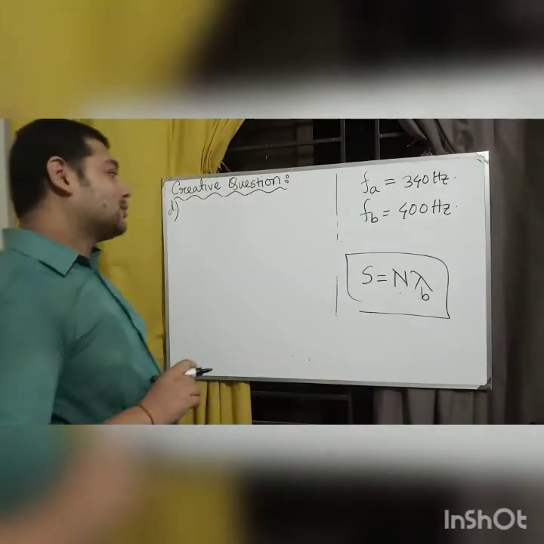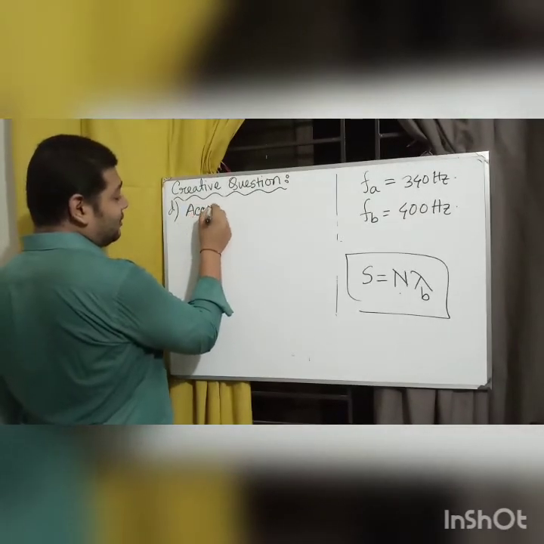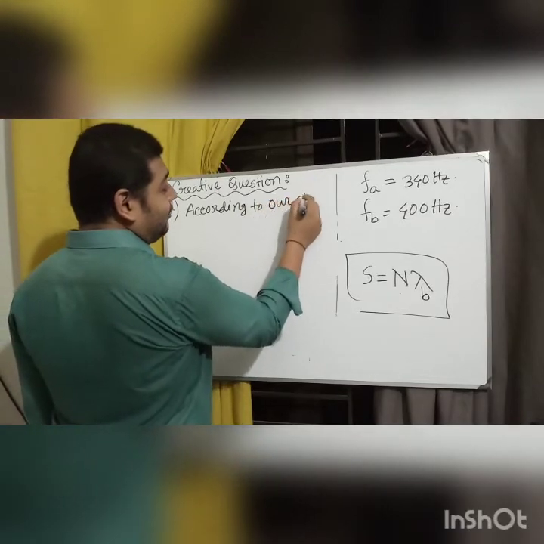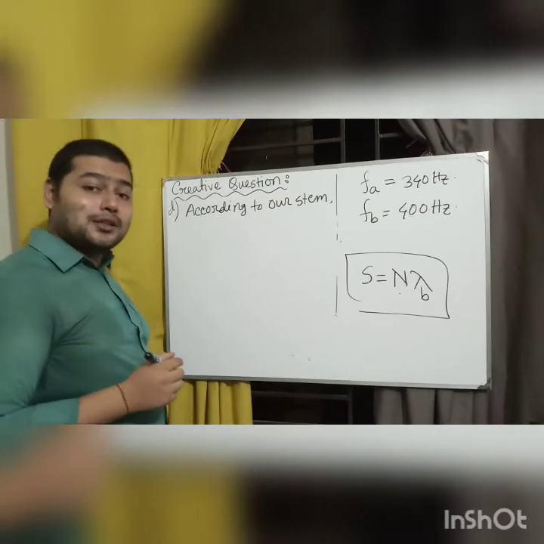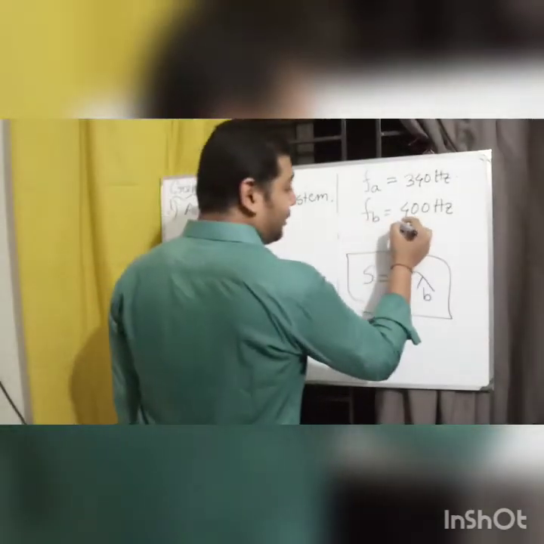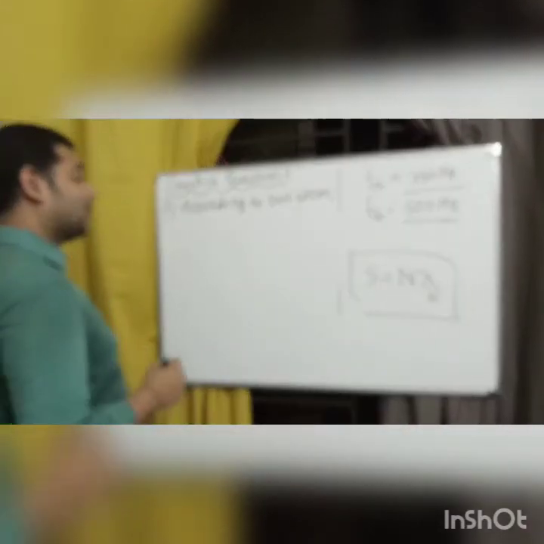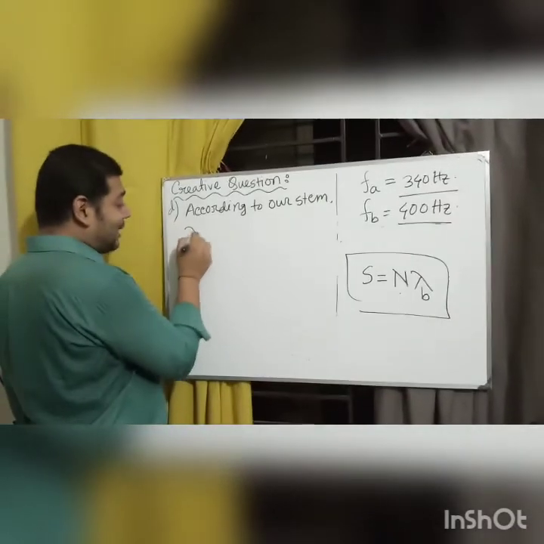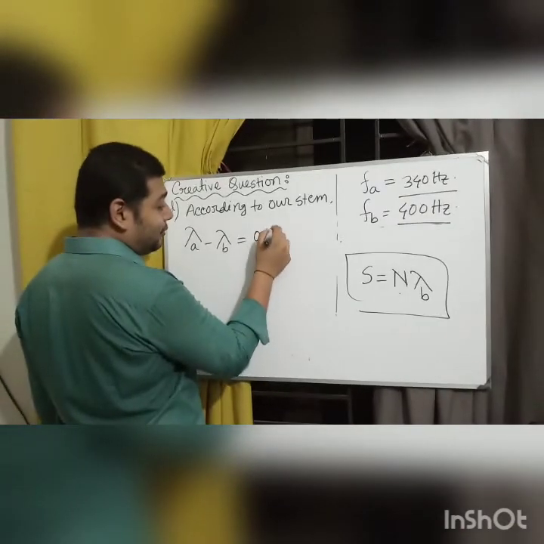Okay, so according to our question, we can write here the difference between the two wavelengths is 0.1, and again using the condition of this frequency, we can write the difference between the wavelengths as lambda A minus lambda B equal to 0.1.